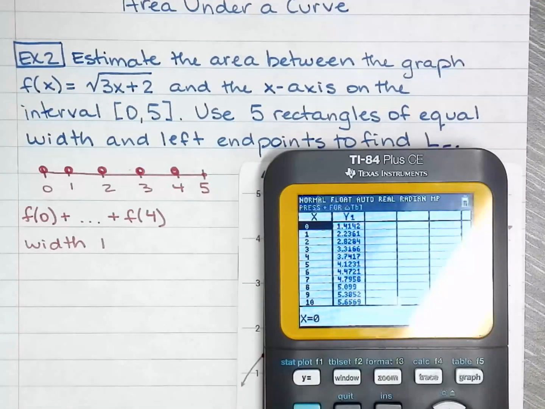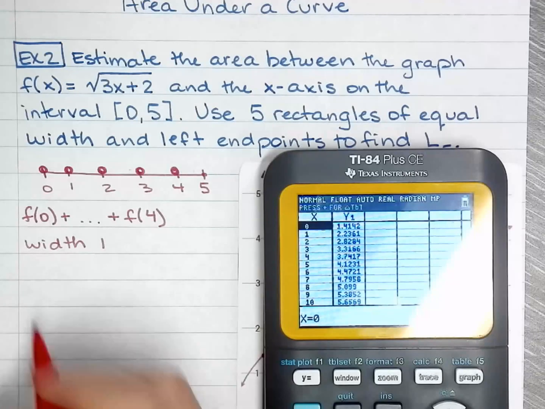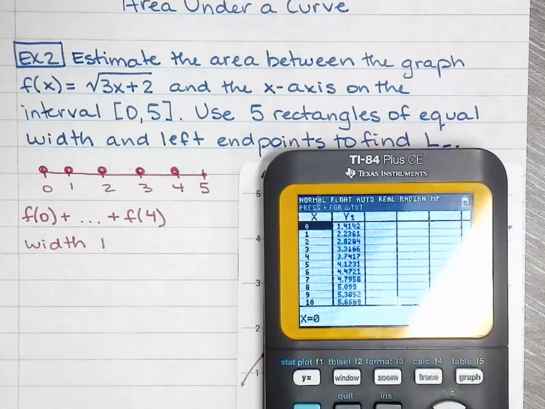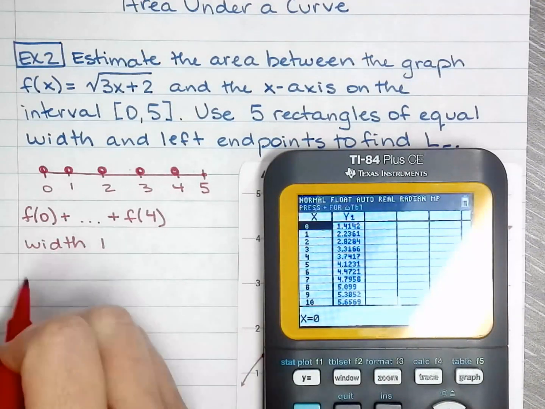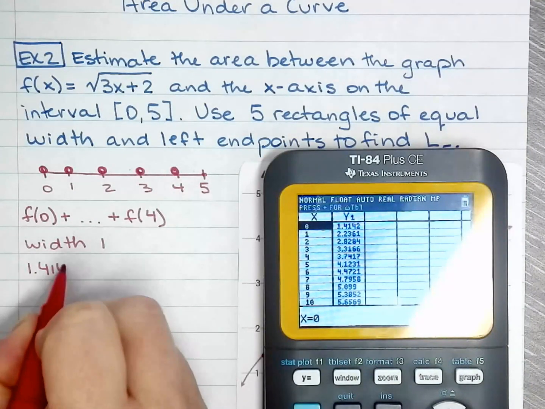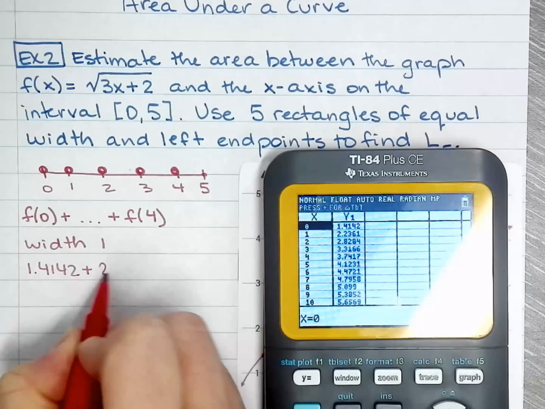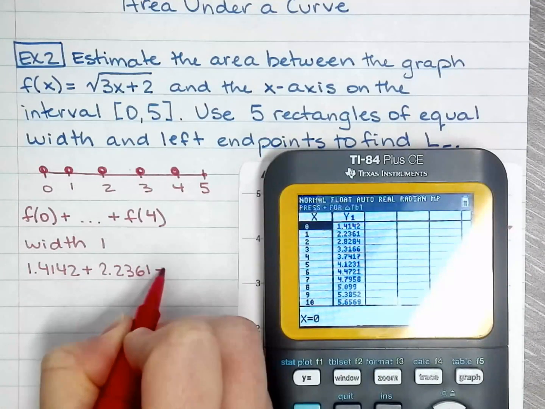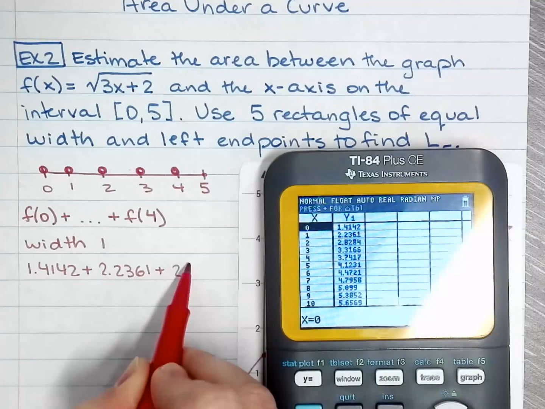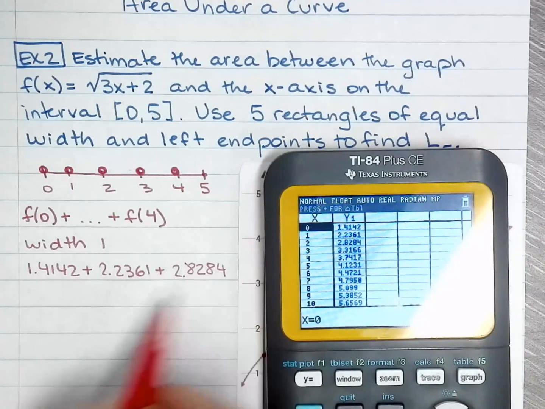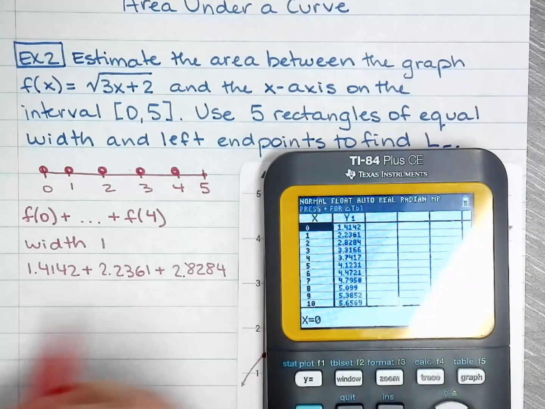So I'm going to use 4 decimal places, just because I'm going to wait until the end to round that information. So f of 0, that's 1, 2, 3 rectangles.